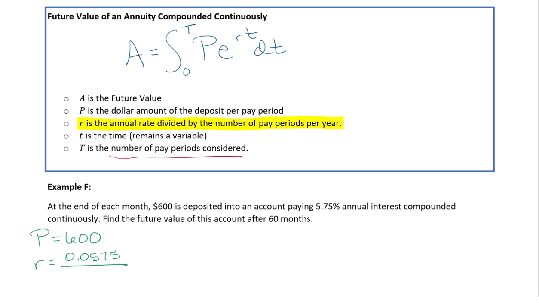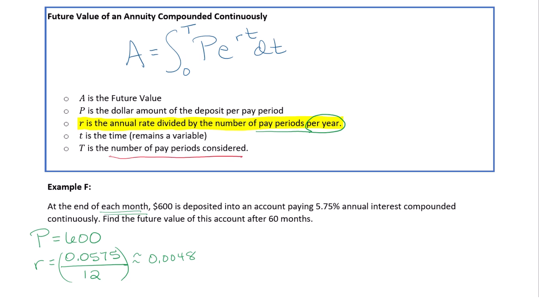But we need to consider how many times it is going to be paid per year, okay? So again, pay periods per year. So if $600 is deposited at the end of each month, we would divide this by 12. I mean, it's approximately 0.0048, but to be more exact, we would plug in that entire fraction into our calculator.